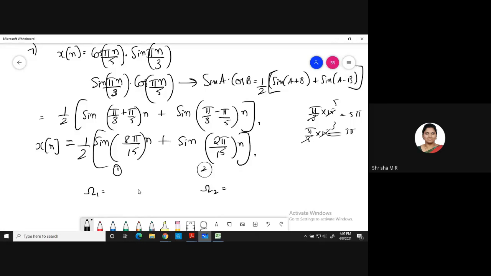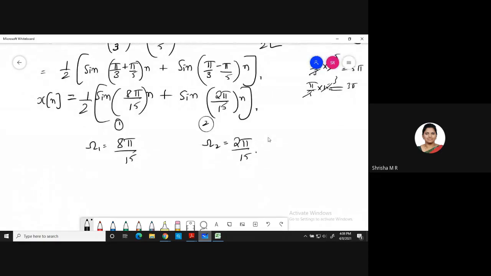Are you guys there? Yes, ma'am. Are you solving? So what is omega 1? It's 8 pi by 15 and omega 2 is 2 pi by 15. Now try to get it in the form omega is equal to 2 pi into m by n.